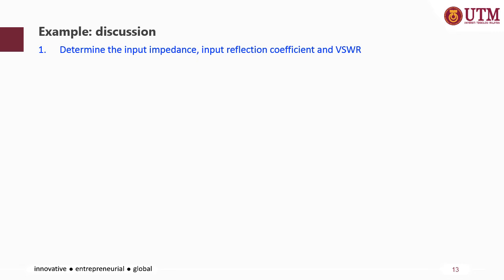Okay, let's discuss the solution. As in the question earlier, given ZL equal to 100 ohm and Z0 equal to 50 ohm, and given the length of the transmission line equal to lambda over 8.